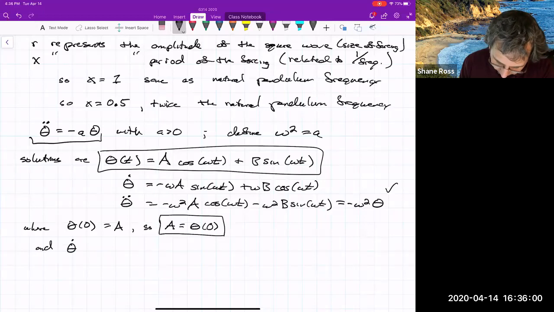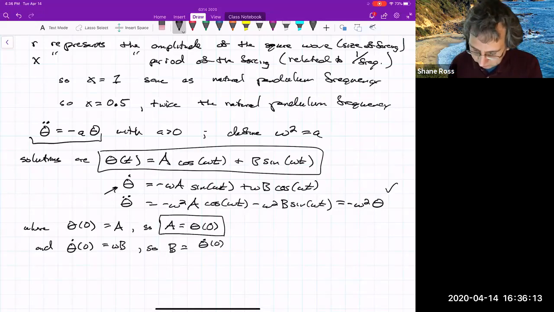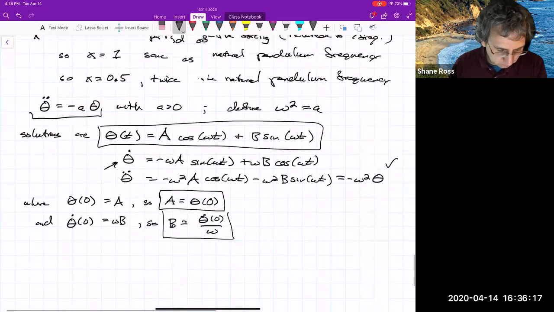And theta dot 0, so just evaluate this thing at 0, and what do you get? You get omega b. So b is equal to the initial velocity divided by omega. Okay.